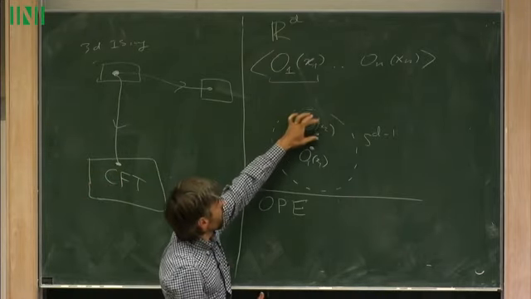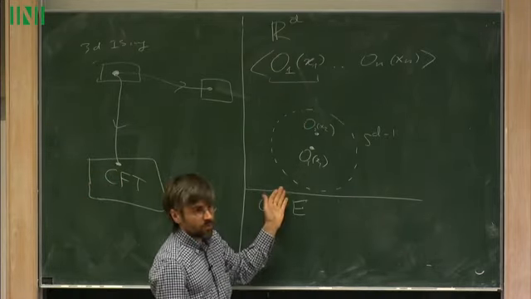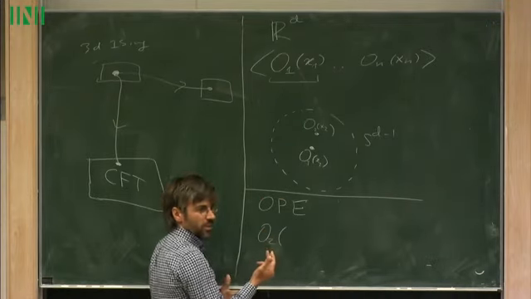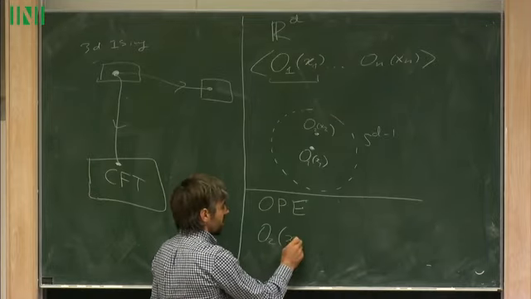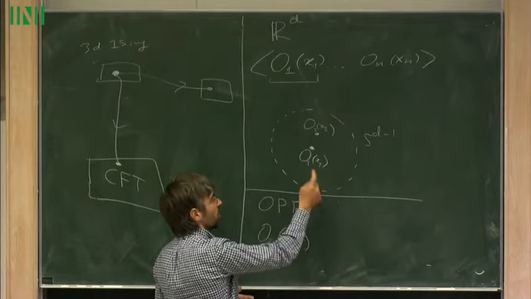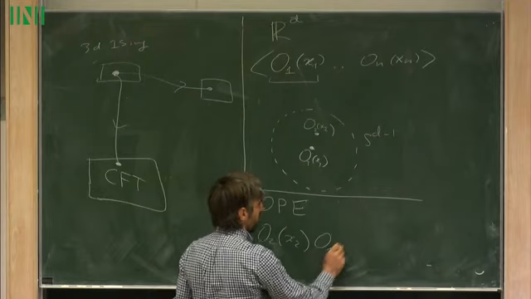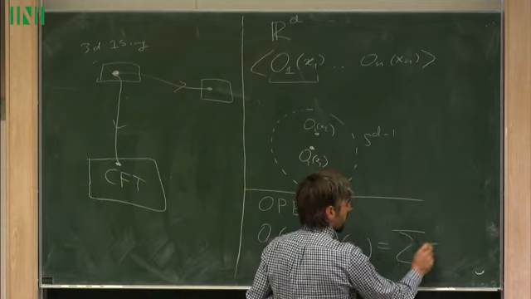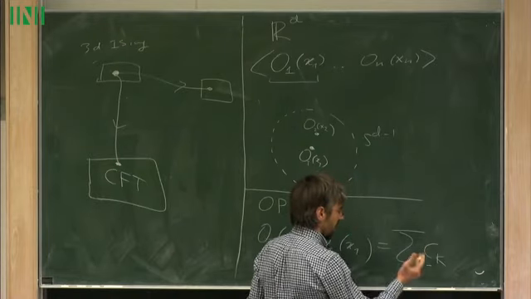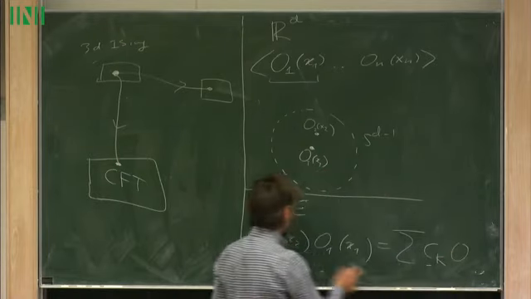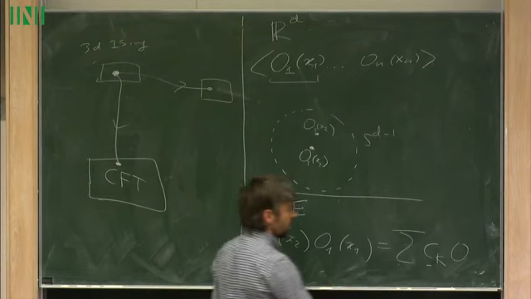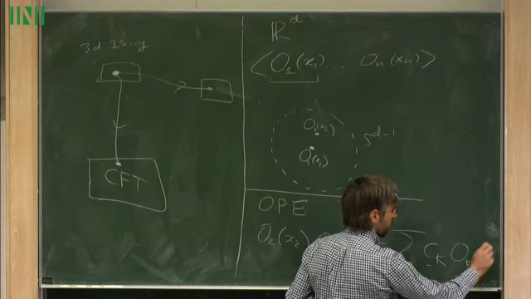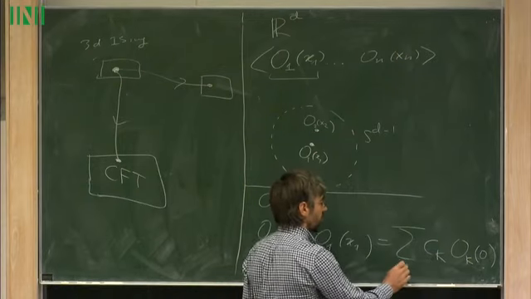So now let me take two operators inside the sphere, O2, O1. They produce a state, but since I know all of my states are in one-to-one correspondence with operators, this state can be expanded with some coefficients which I don't know, but they exist. And they depend on O2, O1, x1, x2, in operators inserted at the origin of the sphere. So this is called the OPE.